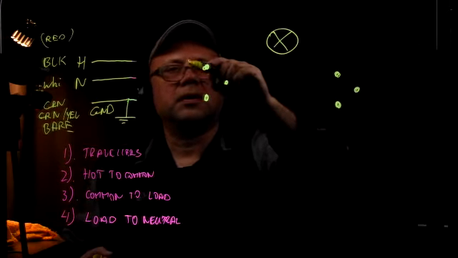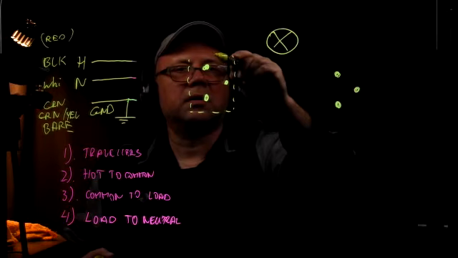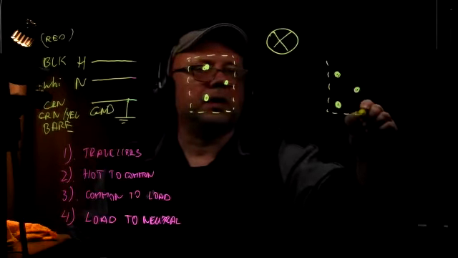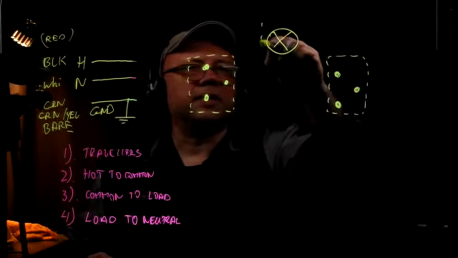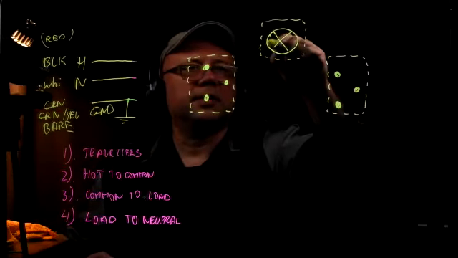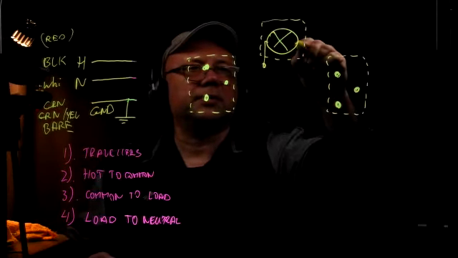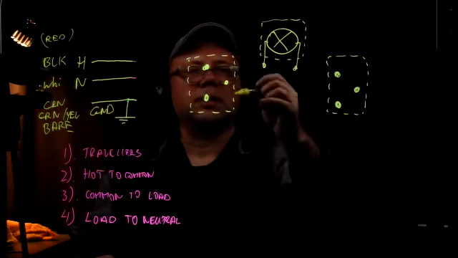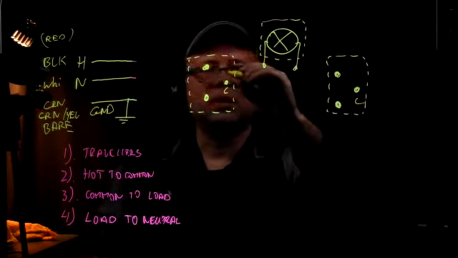Here, device box, device box. This one has terminals. So here's the common, travelers.